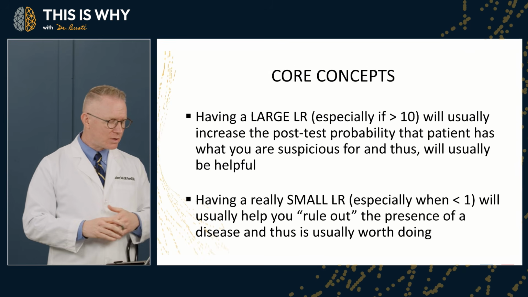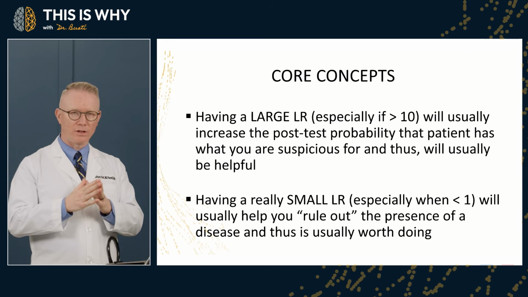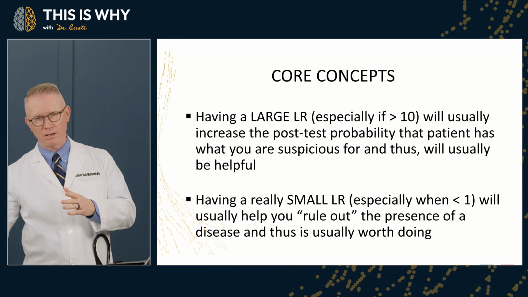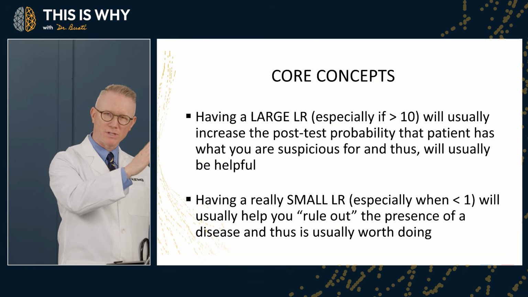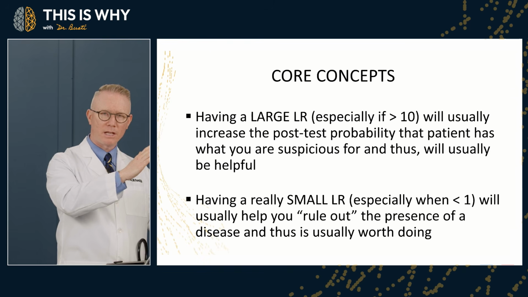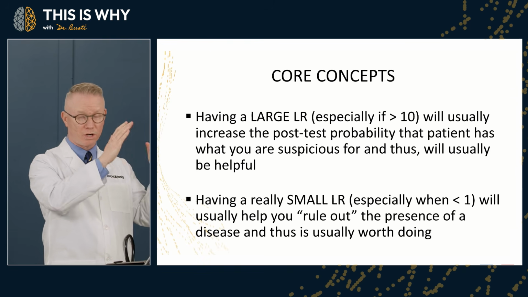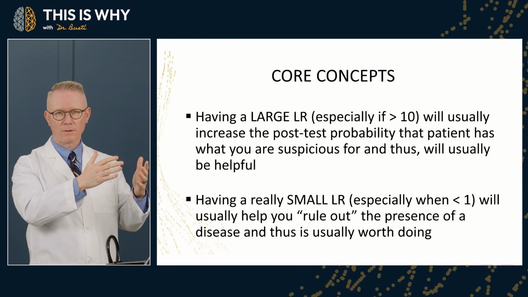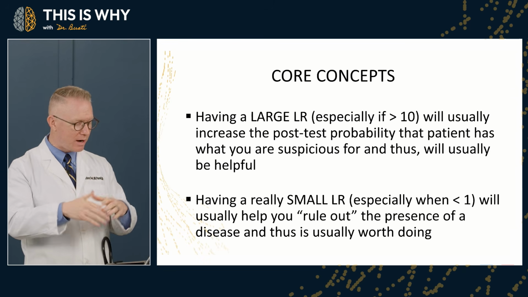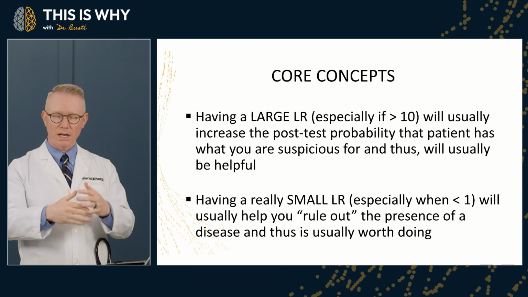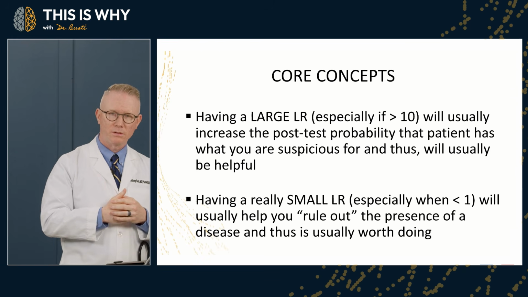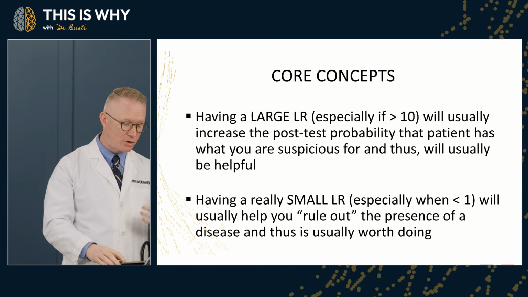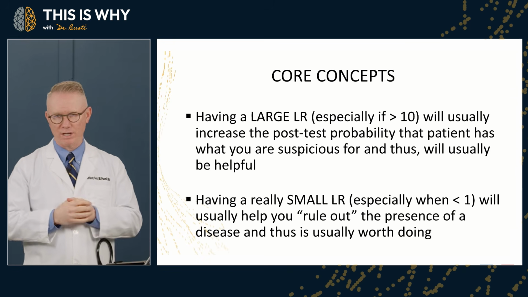Okay? So having a large likelihood ratio, i.e. greater than 10, usually increases the post-test probability that the patient has what you are suspicious for if they get a positive result. If they have a small LR and a negative result, that helps us to rule out the presence. And it's worth doing that and asking that question.